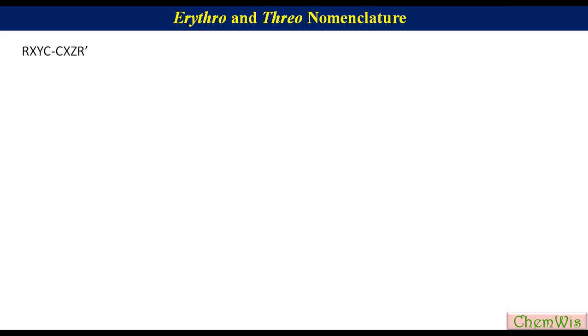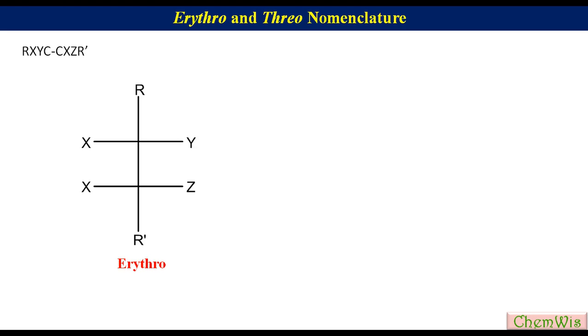For drawing the erythro diastereomer, draw a skeleton for the Fischer projection. Put groups R and R' on the vertical lines. Same groups X on one side and Y and Z on the other side, where Y and Z may be same or different.